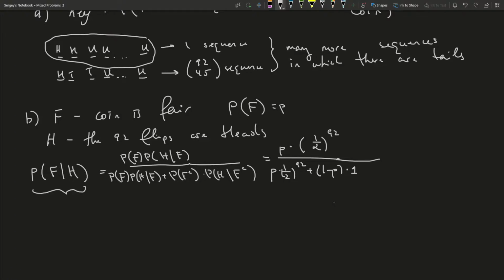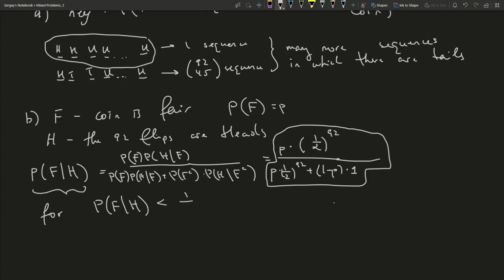Now the thing we want to notice is that looking at the expression we found here, for the probability of the coin being fair given that we've observed 92 heads to be less than 1 over 20, little p needs to be less than 2 to the 92 over 2 to the 92 plus 19. Now this value is approximately equal to 1.